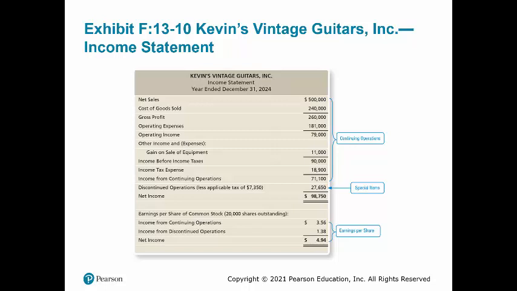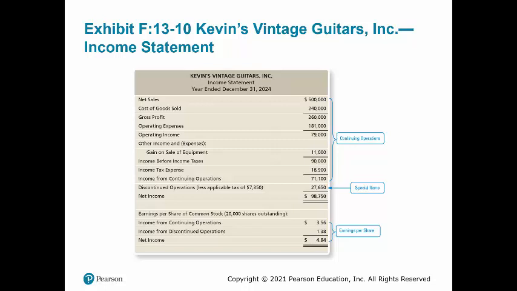On this slide, it gives us information on the operating income for the company, then the sale of equipment, and then the income taxes, and we get a total called income from continuing operations. For this company, it's $71,100.